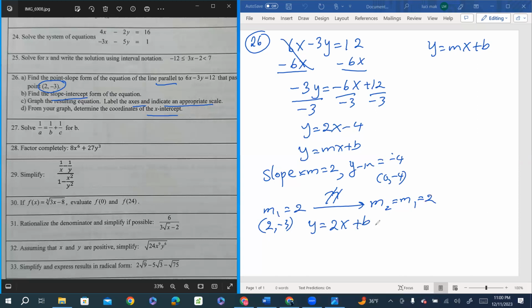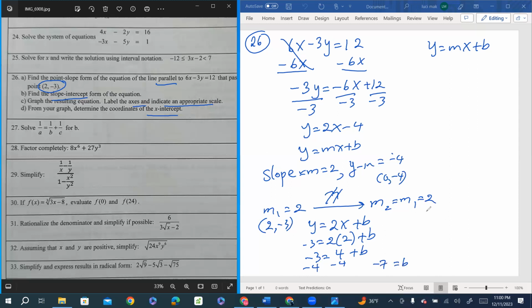Now this equation should have a different y-intercept. So let's substitute and find the y-intercept. Don't use the same y-intercept of negative 4 from earlier. So y is negative 3 equals 2 times x, which is 2, plus b. So negative 3 equals 2 times 2, which is 4, plus b. Subtract 4 on both sides to find your new y-intercept, which is negative 7.